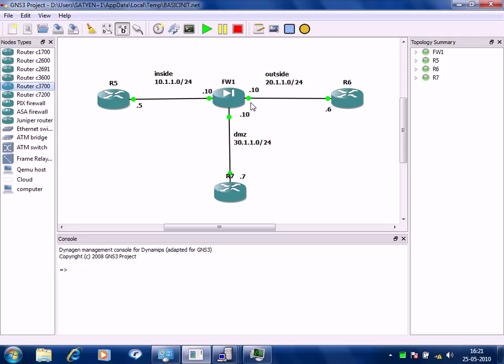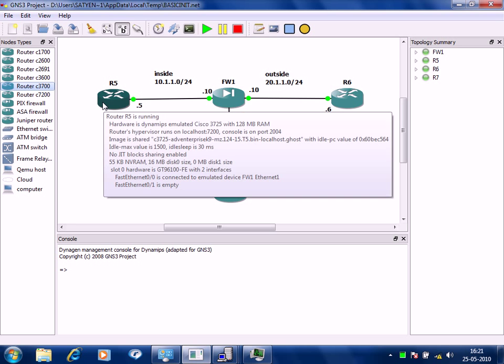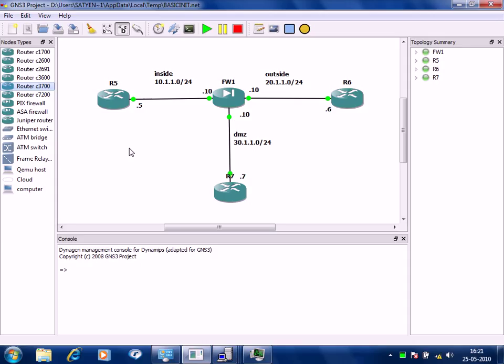But if you put the access list inbound on outside, R6 can also do the pinging. In the previous case, only R5 should get the pinging. Once you inspect it, only the reply is allowed. No echo will be permitted. But if your access list is permitting only echo reply, you can do this too. There are many ways to achieve a task, but you have to choose which is the best or easiest. So let's configure routing protocol.